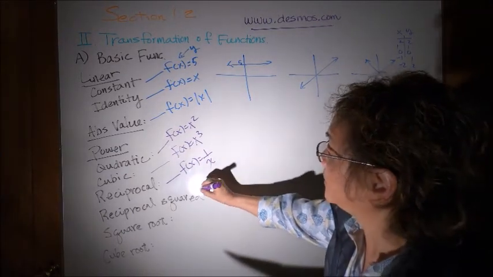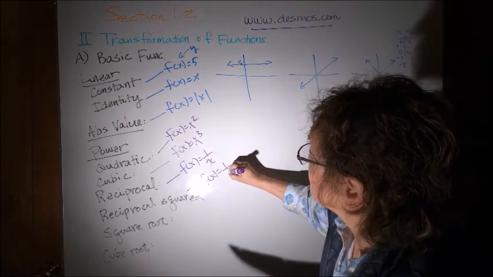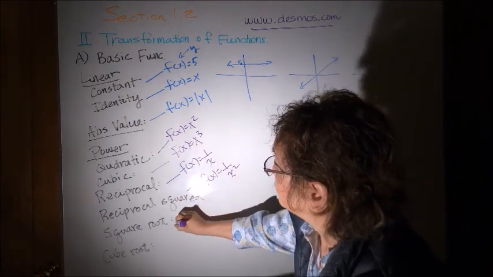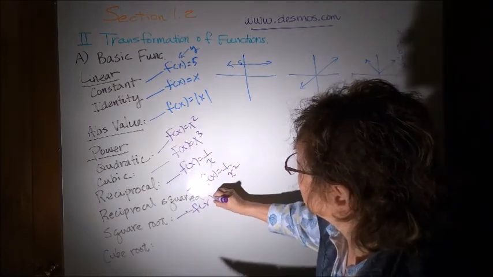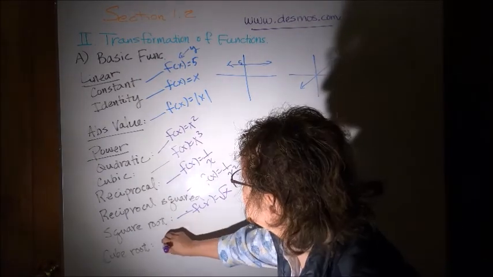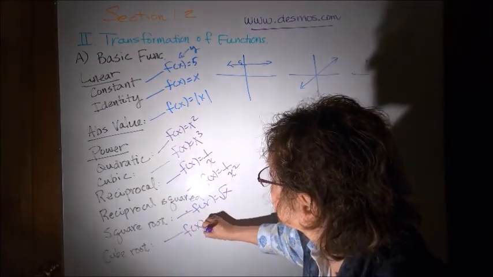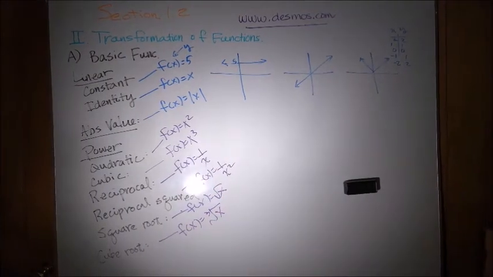It's on your paper. Reciprocal squared would be 1 over x squared. The square root would be f of x equals square root of x. The cube root would be the cube root of x. So those are the basic functions.